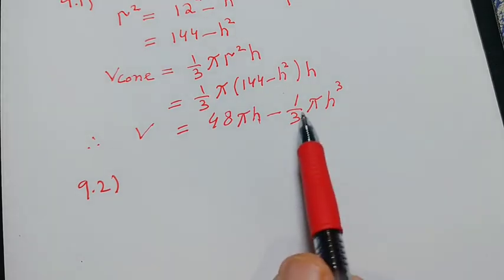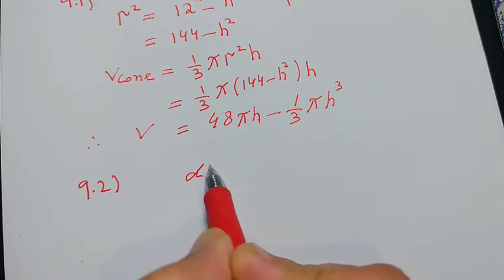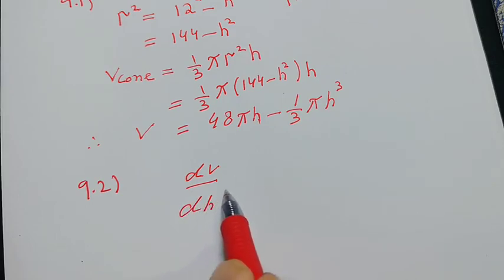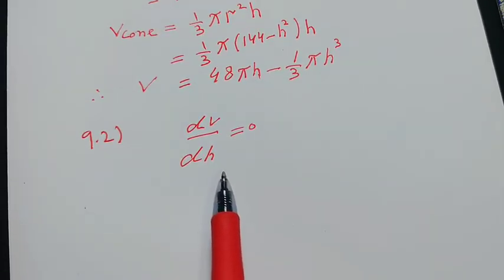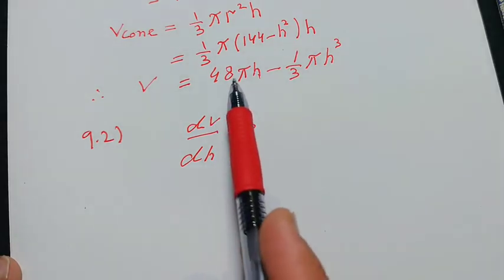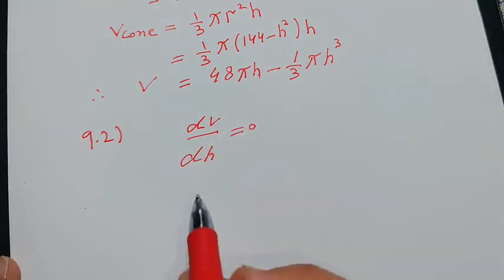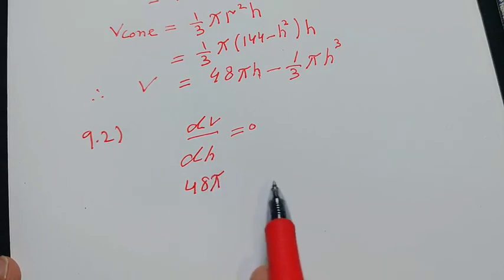I'm going to apply the derivative here. So it's going to be dV over dh must be equal to 0. I'm going to differentiate with respect to h. This is my function. It's going to be 48 pi, because the derivative of h is going to be 1.